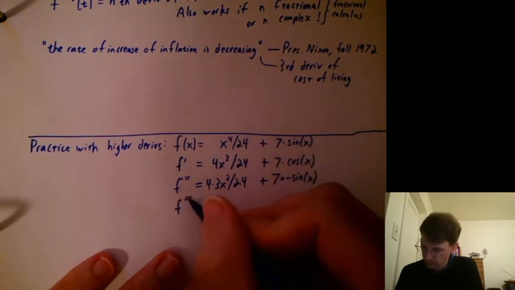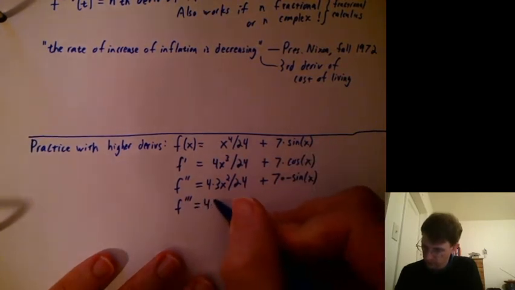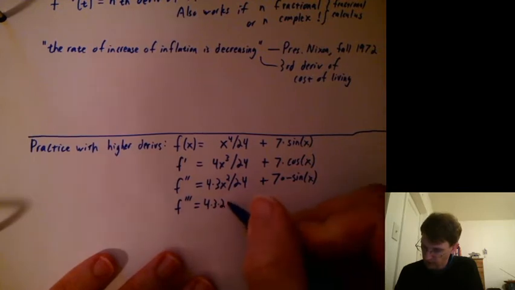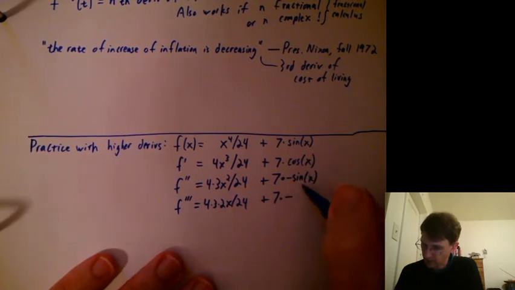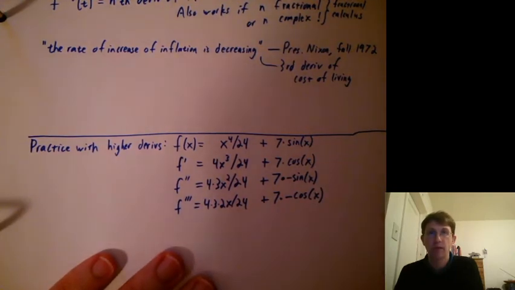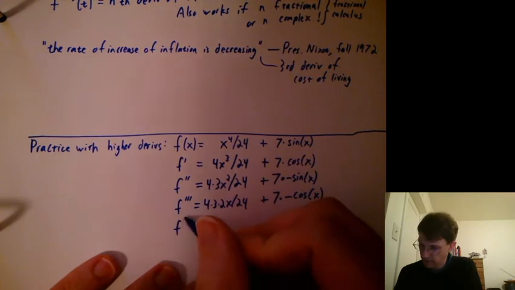Okay, so f triple prime would be 4 times 3 times 2 times x squared's derivative, 2x, divided by 24. And then what's the derivative of 7 times negative sine? It's 7 times negative, and the derivative of sine is cosine. Okay, and then what's the next derivative?